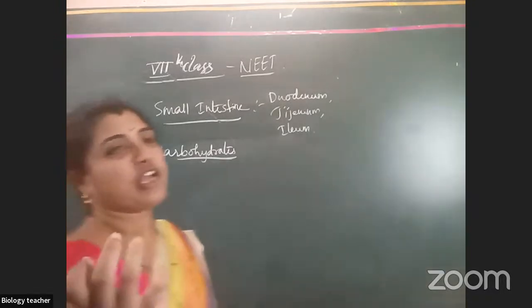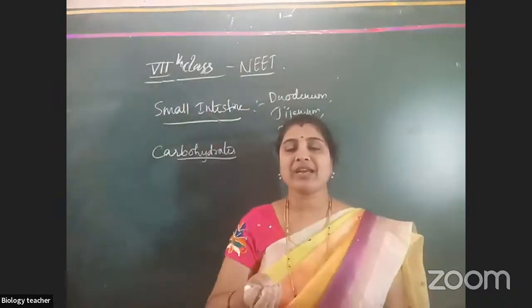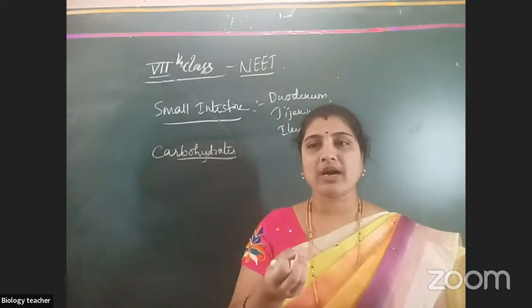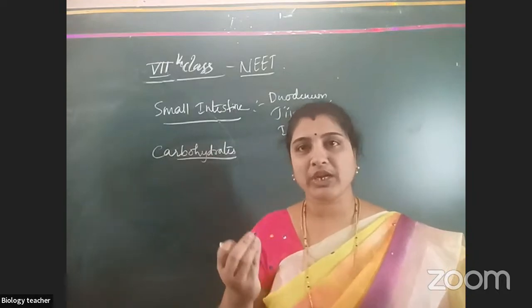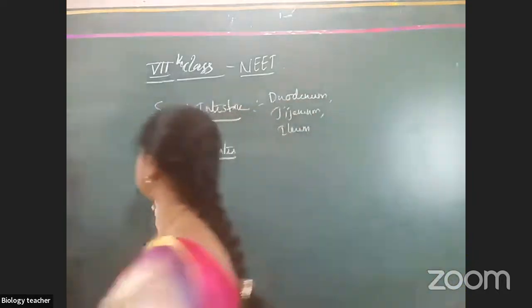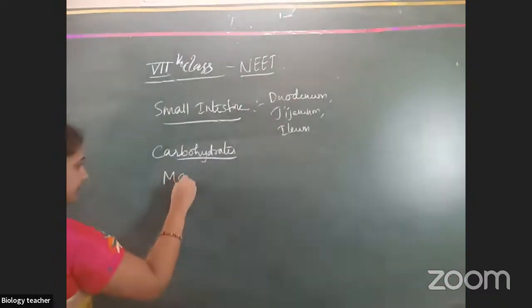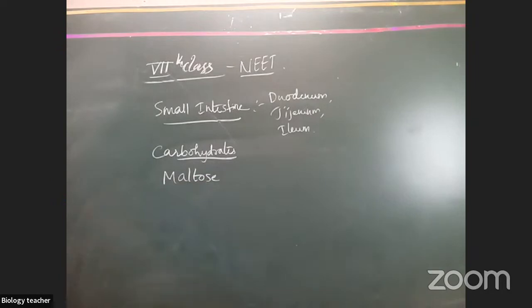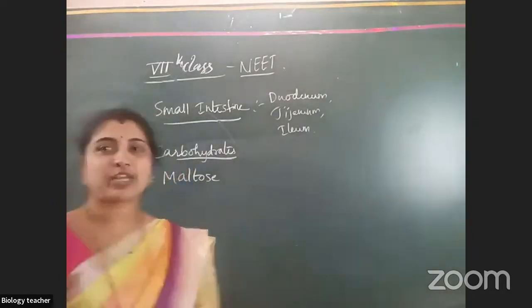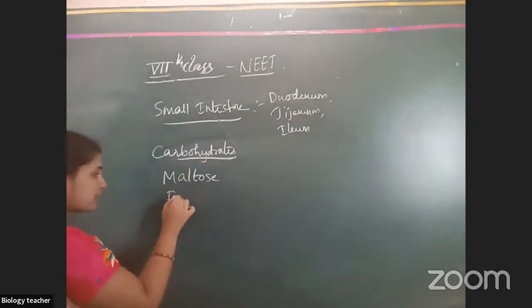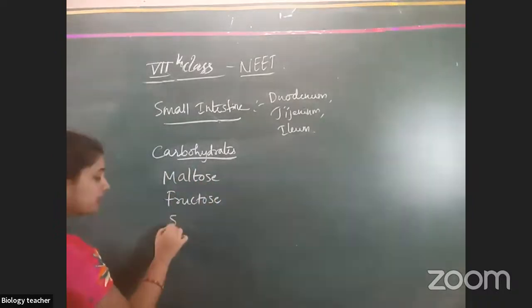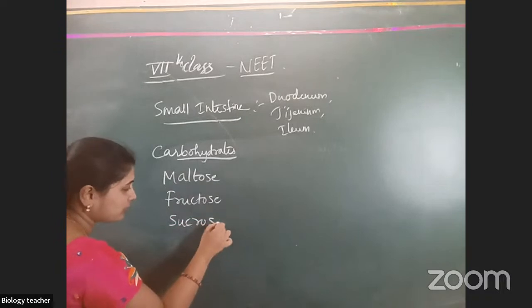We eat different types of carbohydrates. For example, if you are eating rice, or jowar or corn, which type of sugar is present? Maltose. And another type, when you are eating fruits, what is present? Fructose. And another one is sucrose.